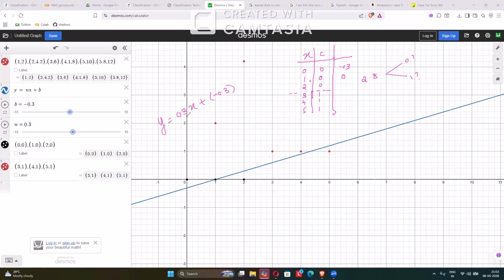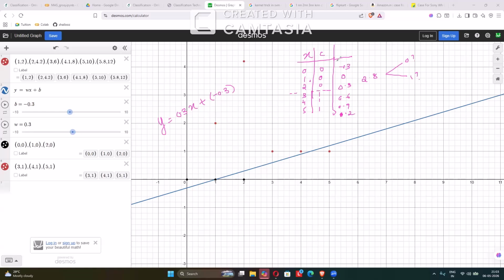If you substitute 2, it will be 0.3. If you substitute 3, it will be 0.6. If you substitute 4, it will be 0.9. If you substitute 5, it will be 1.2, right?